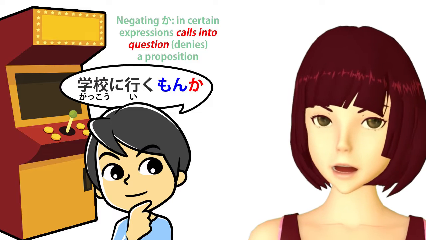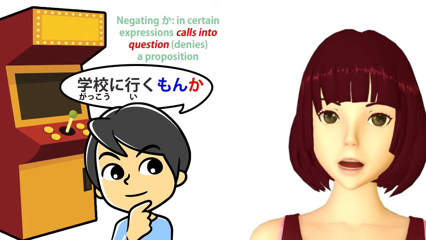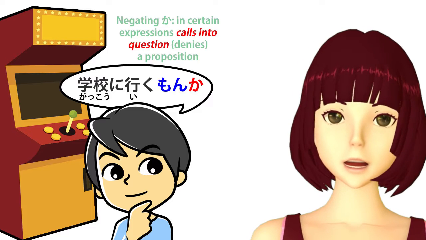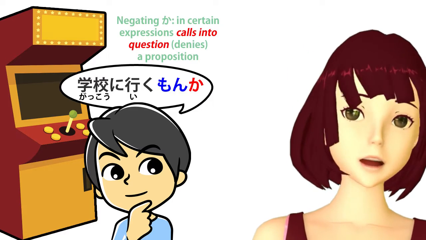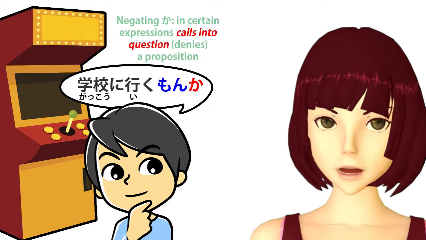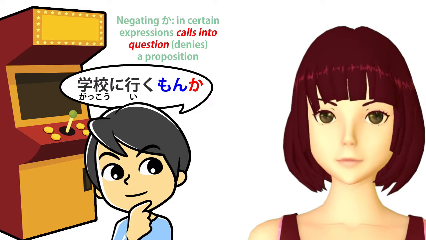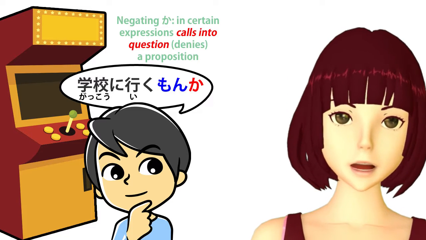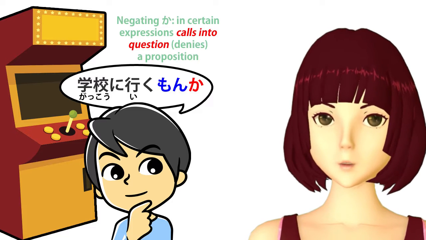So it's a question, but it's the kind of negativizing question that we also get in English when we say things like, do you think I'm going to do that? Or, would I do that? Or, how likely is that? In all those cases, by turning something into a question, we're denying its likelihood. Now when we say monoka, it's the same thing, and it often gets reduced right down to monka.